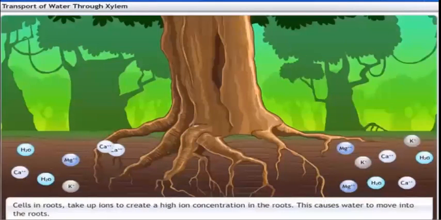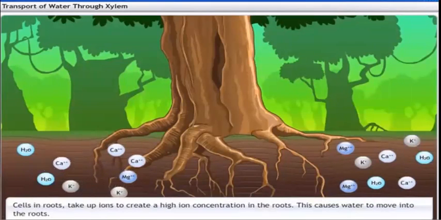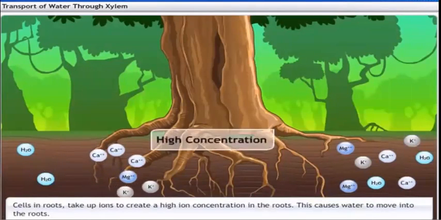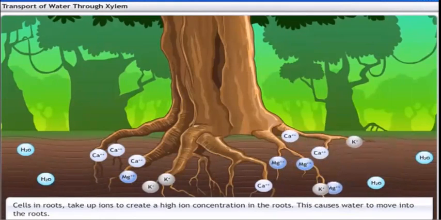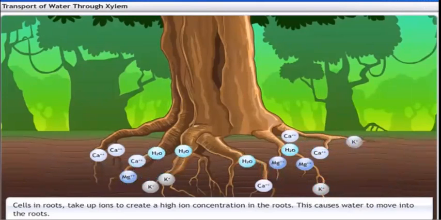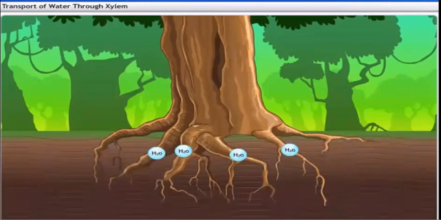In the roots, the cells in contact with the soil take up ions. This creates a high concentration of ions in the roots than in the soil. Therefore, water moves into the roots from the soil to eliminate this ionic difference.